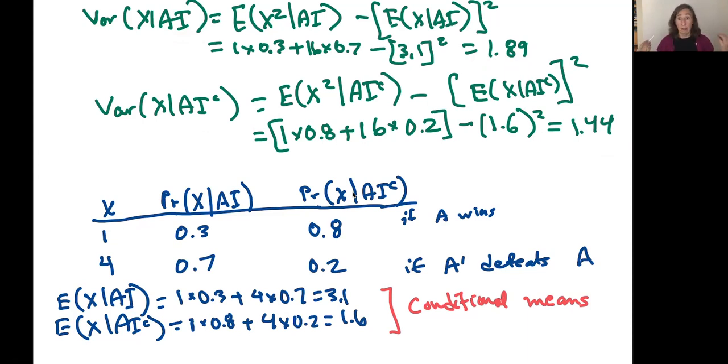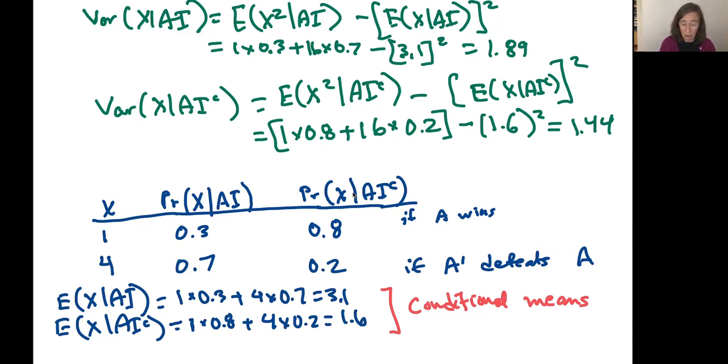We can also build up an unconditional model from a conditional probability model. We did this before when we were talking about random variables. Well, let's just go ahead and do that here. So now the question that we're asking is, say we don't know whether there's an anti-incumbent sentiment or not. What do we think the expected value and variance would be?